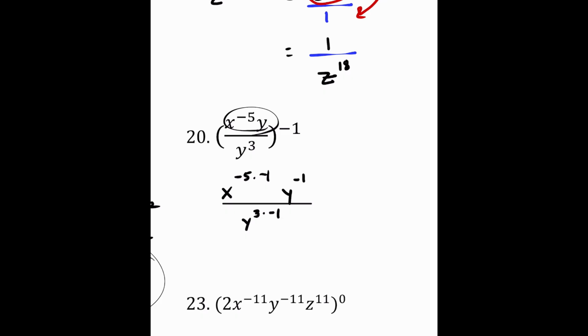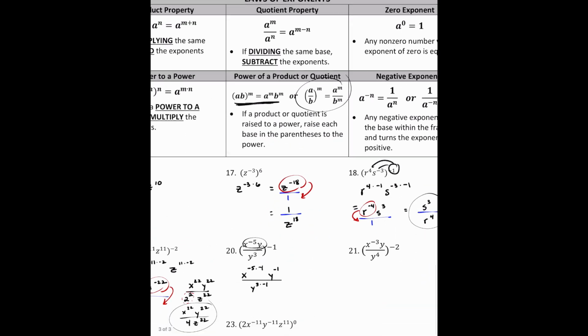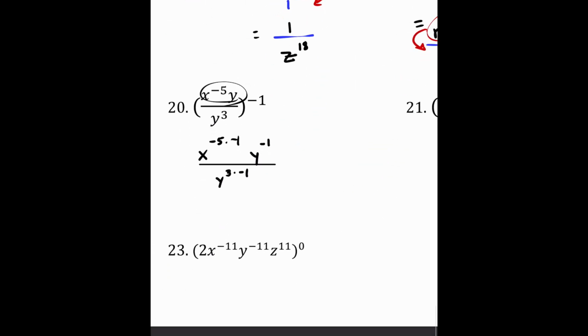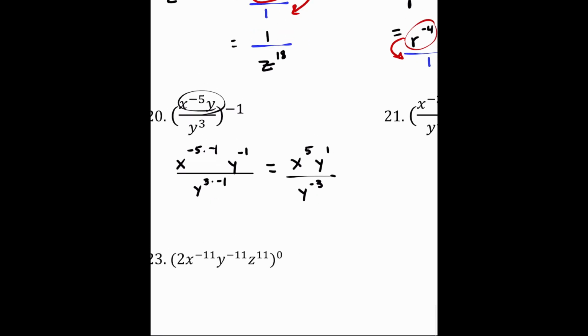Whatever you do up top, you have to do down below when it comes to a power of a quotient. You're basically distributing the negative 1 to the numerator as well as the denominator. Now we have x raised to the positive 5, so x to the 5th power times y to the 1st over y to the negative 3rd power.